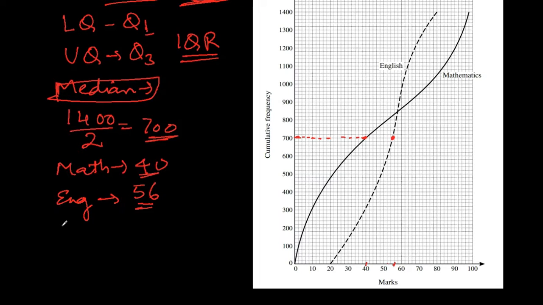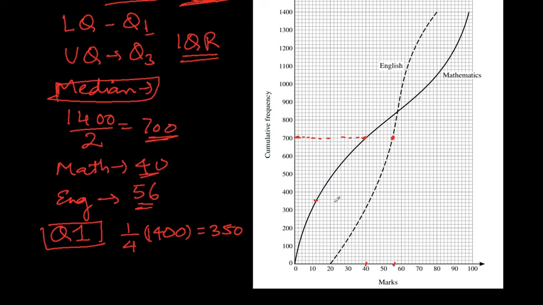All right, let's go to Q1, the lower quartile. For the lower quartile, we'll multiply 1400 by 1/4, so that will be 350. So 350 will be 1, 2, 3, 4, 5, so 2.5, right? 1, 2 and a half.